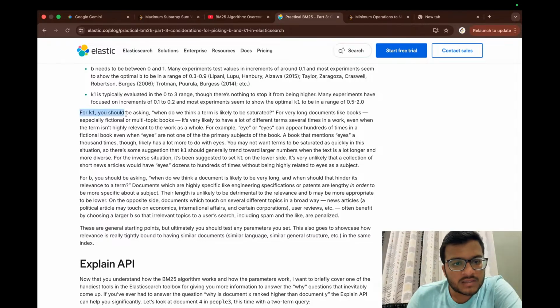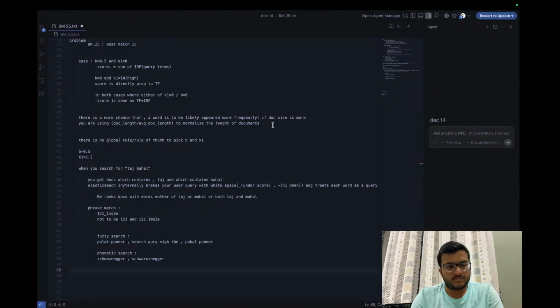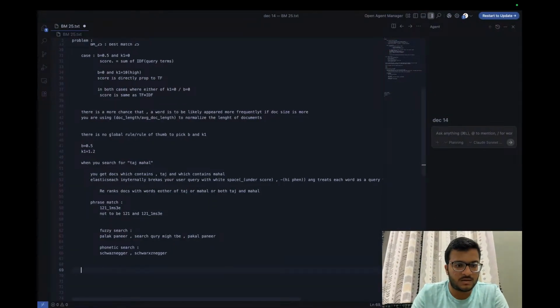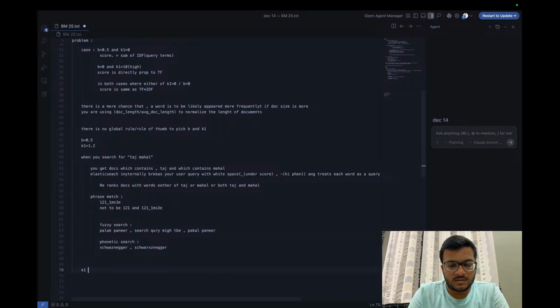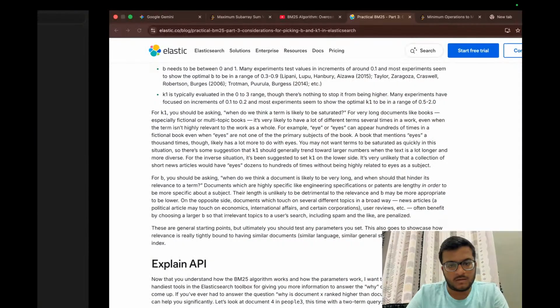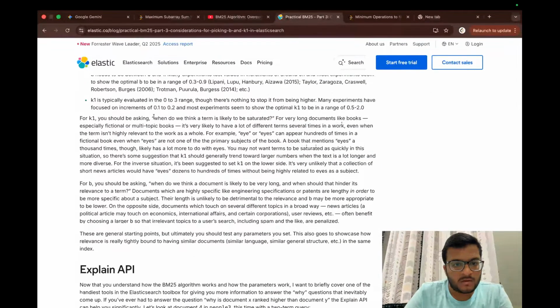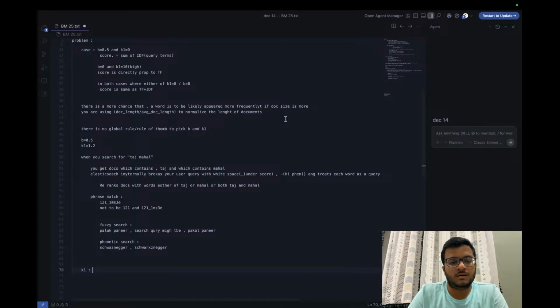Okay, what does K1 mean? When do we think a term is likely to be saturated?